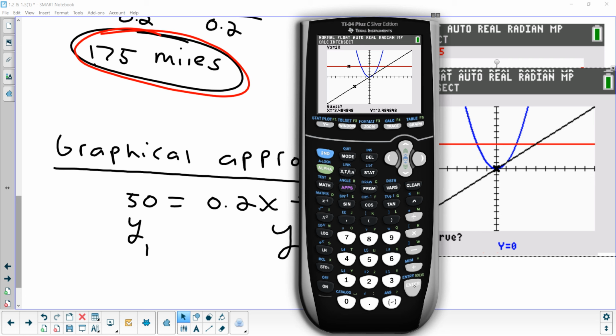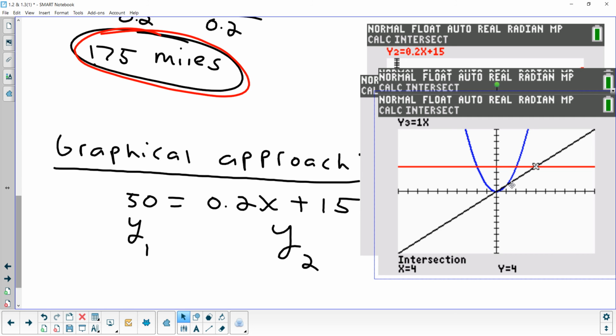Now, do the red and the black cross in more than one spot? No. So then the guess doesn't matter. I can just hit enter, and it's automatically going to give me that spot right up there. And it did. It told me where they crossed.